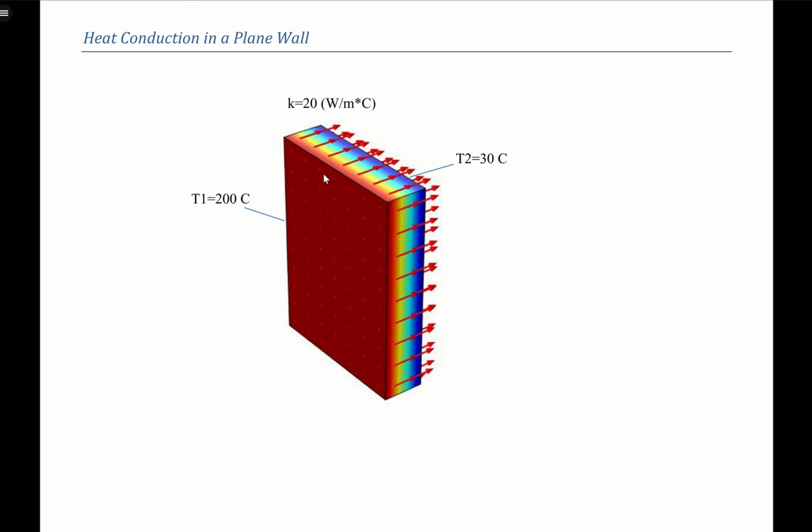And so we're going to go over how to model that, and we'll also take a look at how to model convection as well. But before we get into the modeling, let's first take some time to review some of the physics and governing equations over heat transfer.